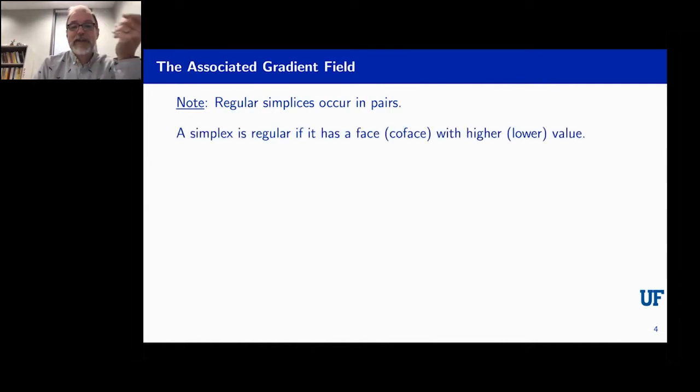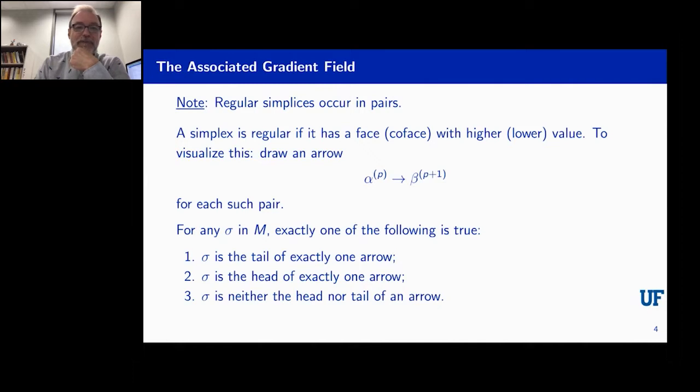Regular means that it has a face or a coface with a higher or lower value respectively. You visualize this by drawing arrows. You draw an arrow from the p-simplex to its coface beta where the function value goes down. Because of this condition on the sets, for any simplex exactly one of the following is true: it's the tail of an arrow, the head of an arrow, or neither. In the last case, those are the critical cells.